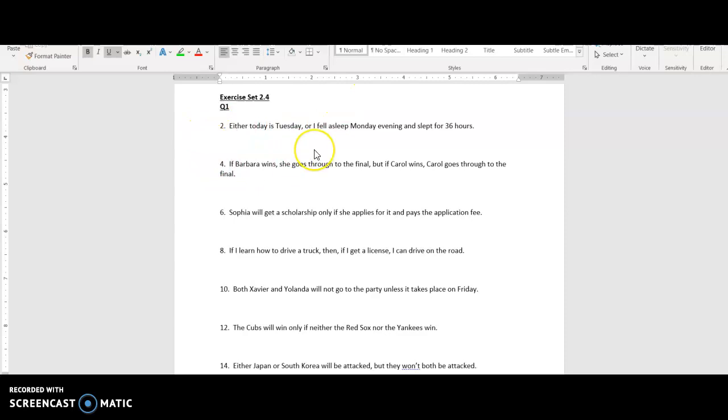Okay, so when you're translating problems from English into sentential logic, you have to read the sentence carefully and figure out what is the main operator, the main logical operator, right? So if you look at number 2, either today is Tuesday or I fell asleep Monday evening and slept for 36 hours, right?